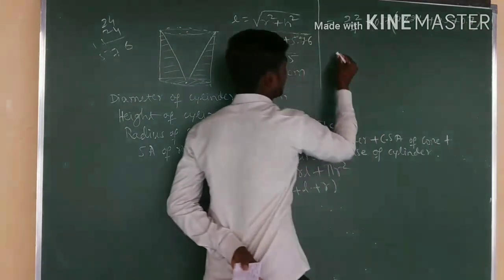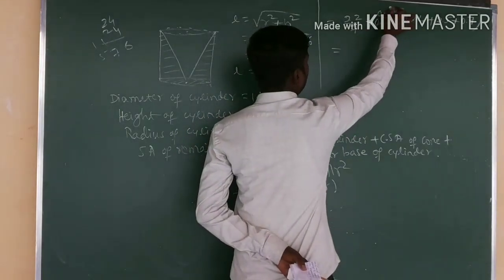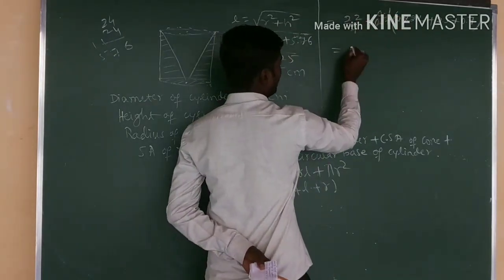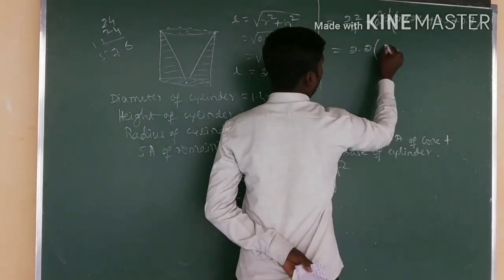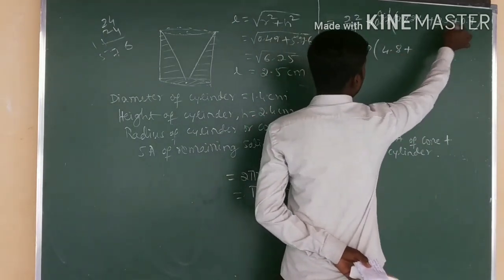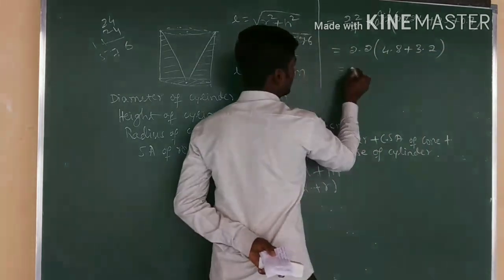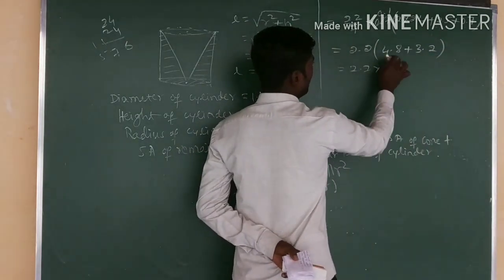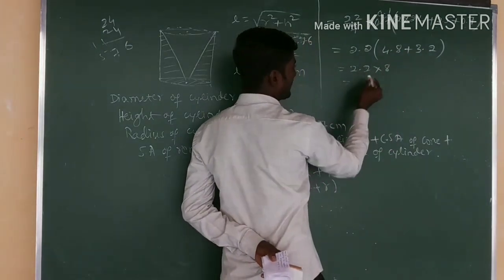Calculation is very important. So cancel this 0.1. So 22 into 0.1 is 2.2. Multiply this by 4.8 plus 2.5 plus 0.7, this is 3.2. So this is 2.2 into 4.8 plus 3.2, that is 2.2 into 8.